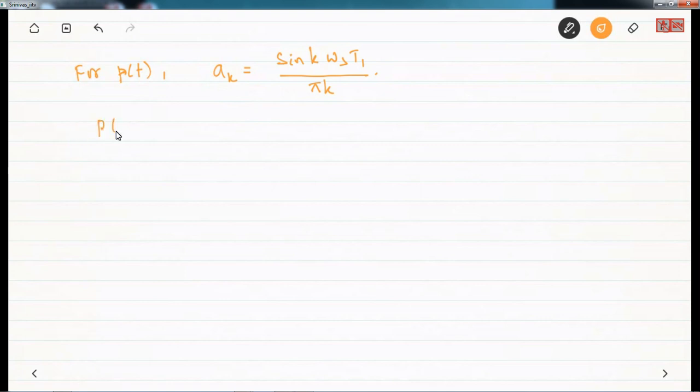So my p of j omega is nothing but the summation over k of 2 pi into sine of k omega s t1 divided by pi k, this pi gets cancelled, times delta of omega minus k omega s.